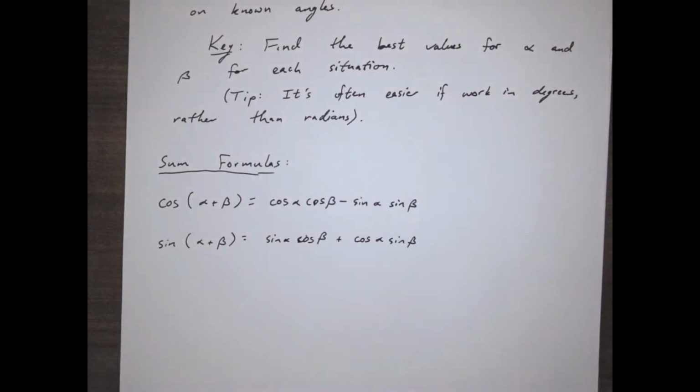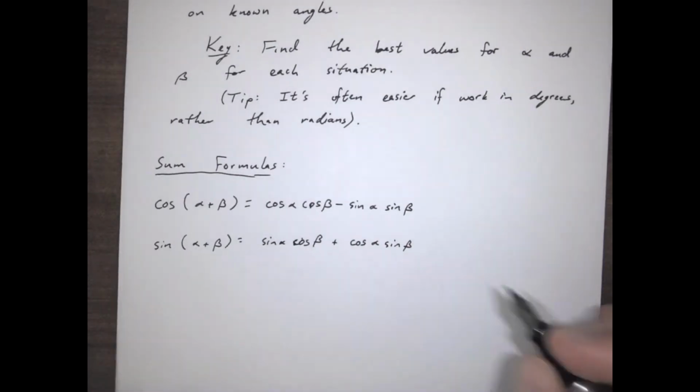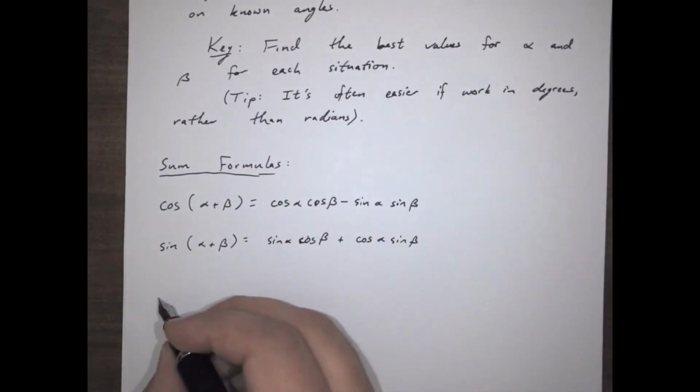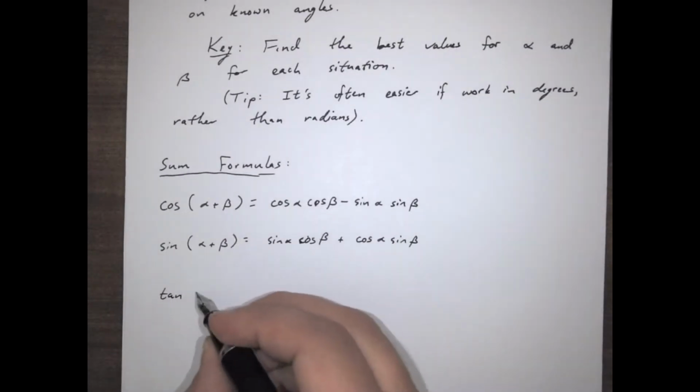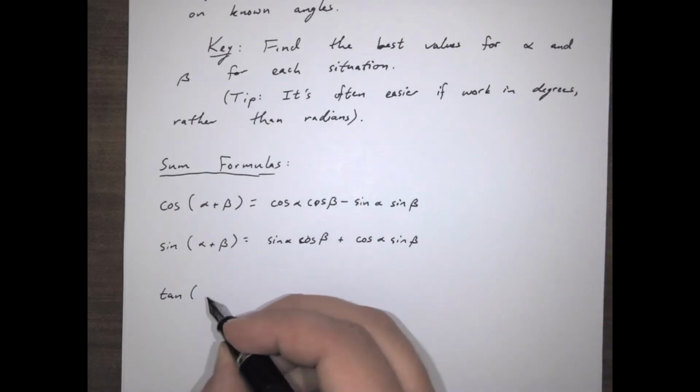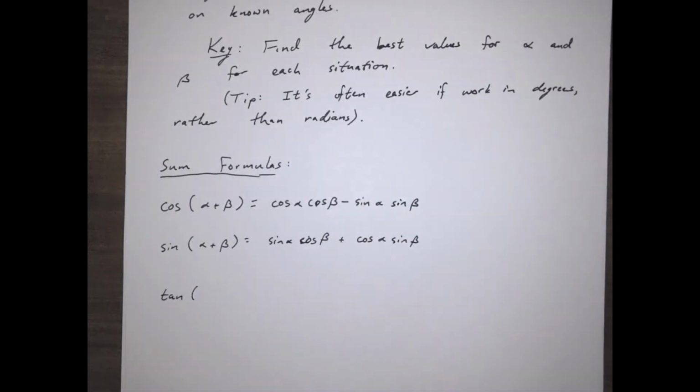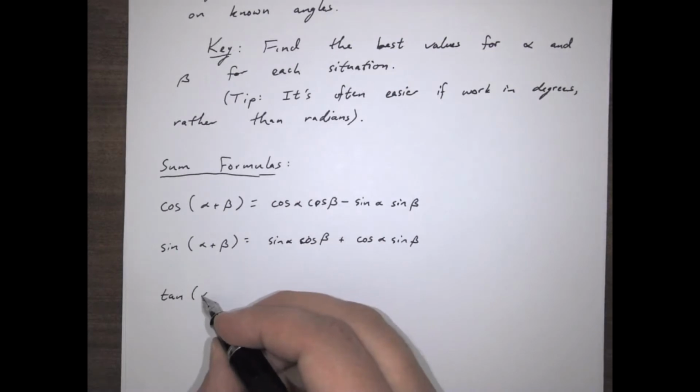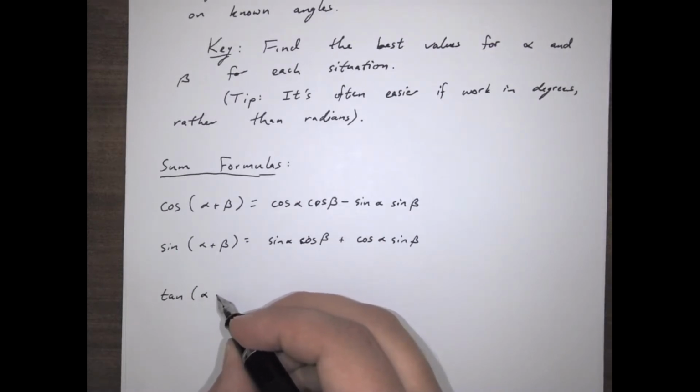And the way we'll write this is, when there are terms that have both alphas and betas, we'll always put the factor that has the alpha before the factor that has the beta. And then the tangent formula. So these two, as I said, are the key to all the rest. The tangent comes from basically just taking the sine formula, dividing it by the cosine formula, and then simplifying a little bit.